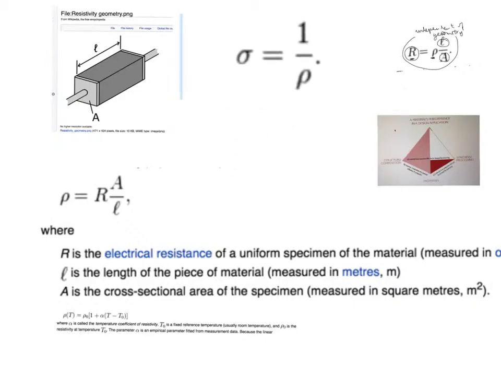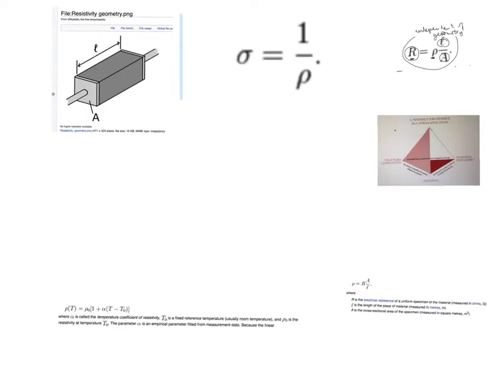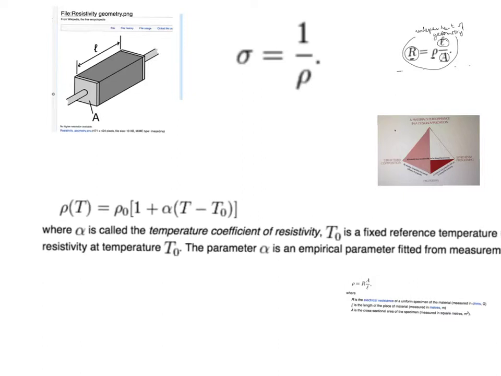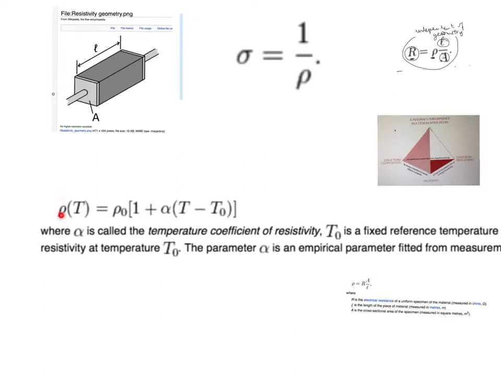You also may have seen an equation that looks like this, where you've got the resistivity as a function of temperature equals some rho naught at some T naught plus basically alpha delta T, and this gives you the resistivity as a function of temperature. This is for linear dependence and really only holds for metals in a limited range.